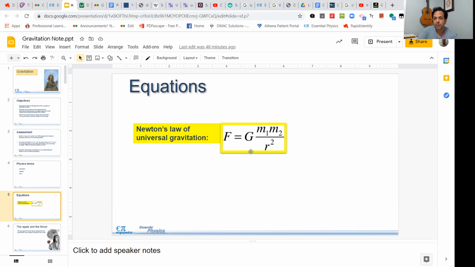So this really comes into play with planets, things that have very large mass, because the universal gravitational constant, this big G, is very small. So you need very large masses to make it perceptible. The pins are very small, so their masses are small, and you can't really feel that.